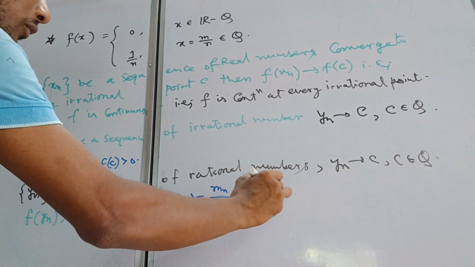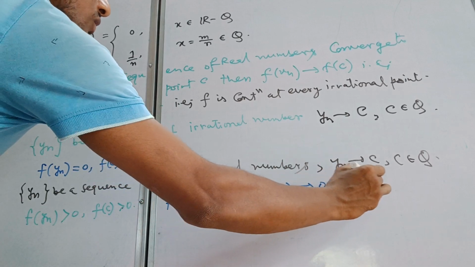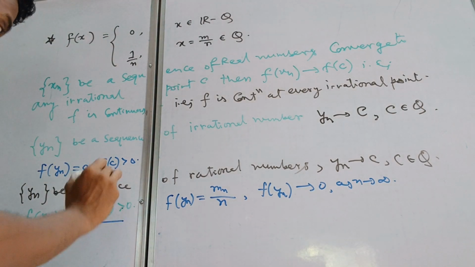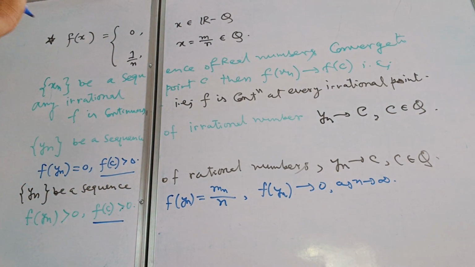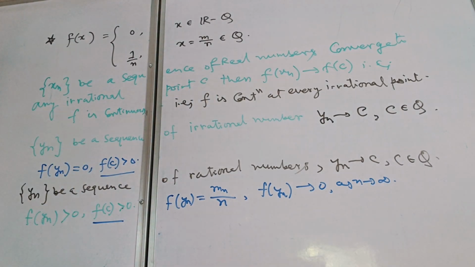That means f of yn tends to 0 as n tends to infinity. Okay, so f of c is not equal to 0. If it is a sequence of irrational points, then this is greater than 0, and if a sequence of rational numbers, then this is greater than 0.